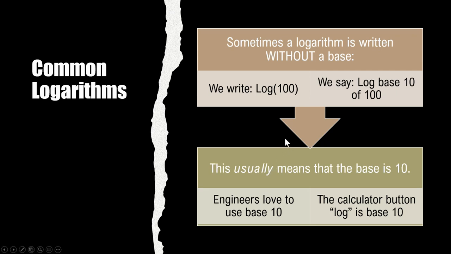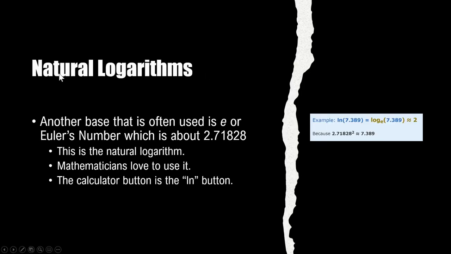That is not good practice, because it ends up being confusing. So that's why we put the caveat of usually. But in our world, I promise you, base 10. If you see log and you see 100 and you don't see a base, you are safe to say it's 10.